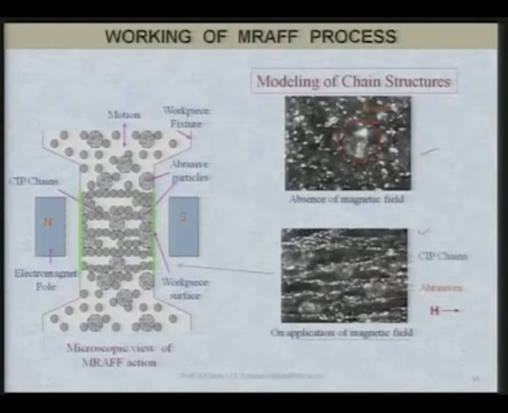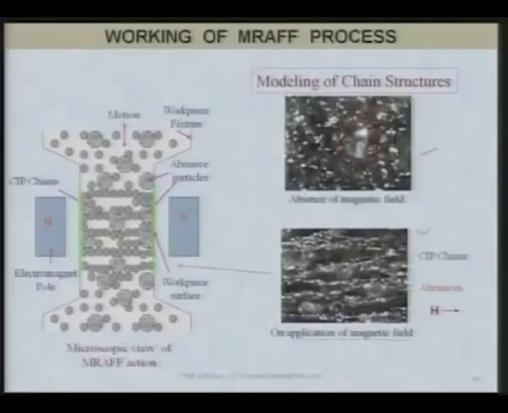Iron particles formed the chain, and in between iron particles you can clearly see the large size abrasive particles. They have been taken deliberately large size to see in the microscope, so that we can understand what is really happening during the MRF process. So, it clearly indicates that iron particles get aligned along the magnetic lines of force, and within the chains or between the chains the abrasive particles are entangled.